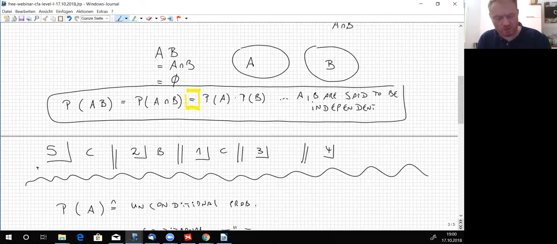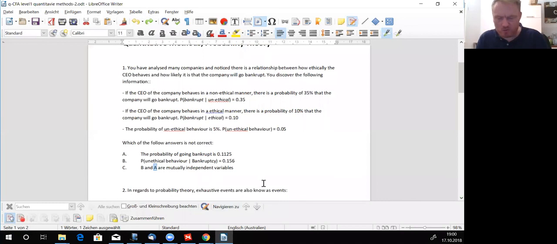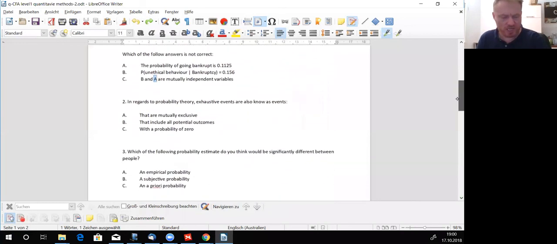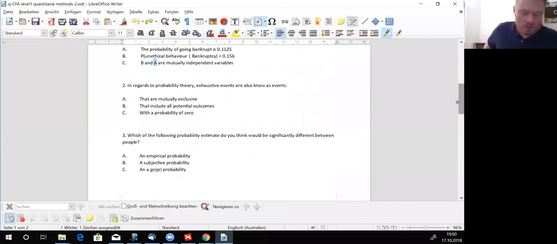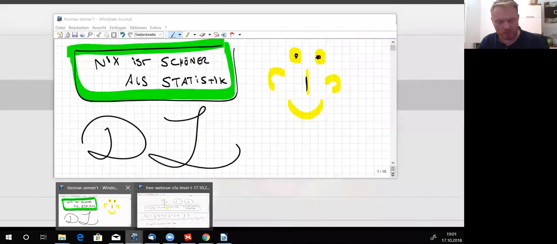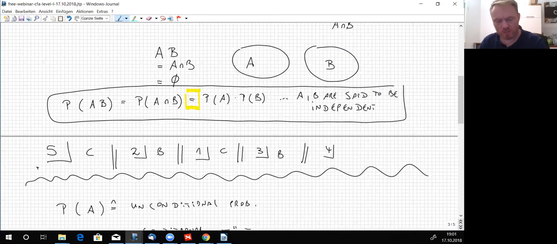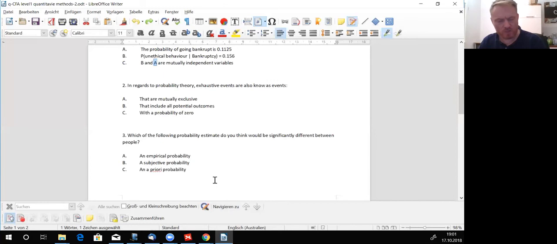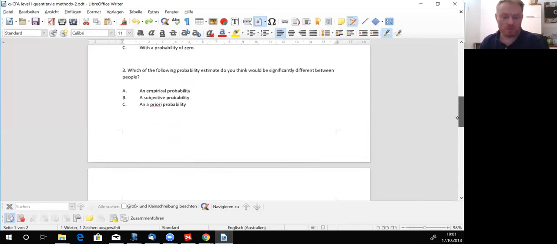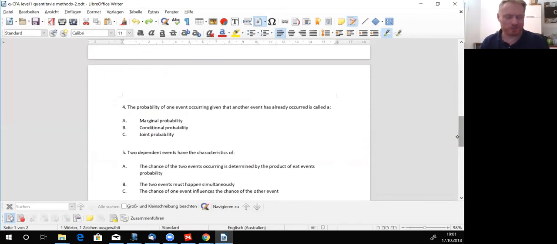Let's just go here again and see what we said to question 2. In question 3, we said B is correct. 3 is B. And 4 is, what was it? I always, of course, forget it. 4 is the probability of an event occurring given that another event has already occurred.